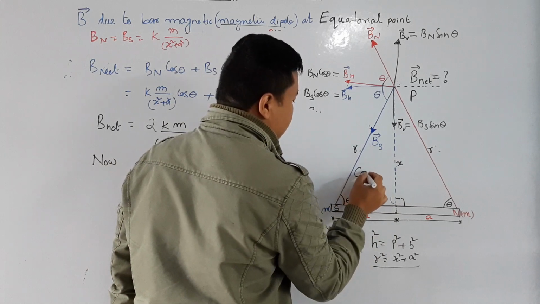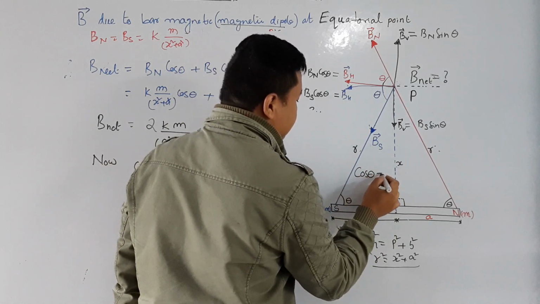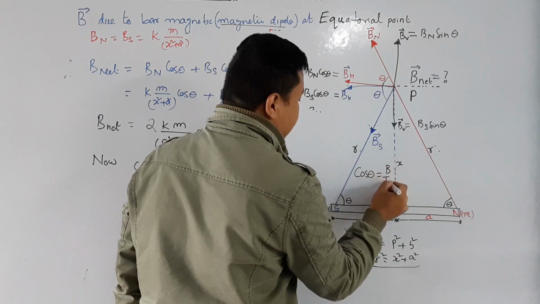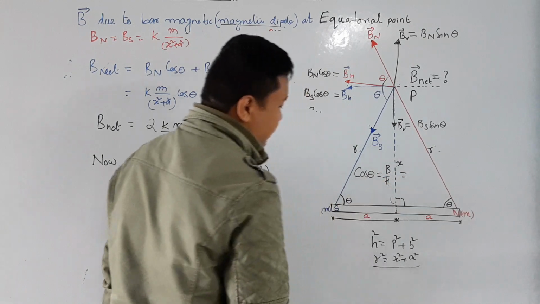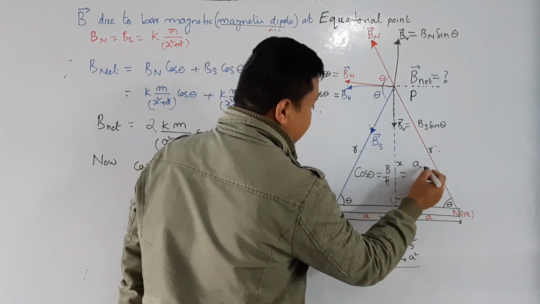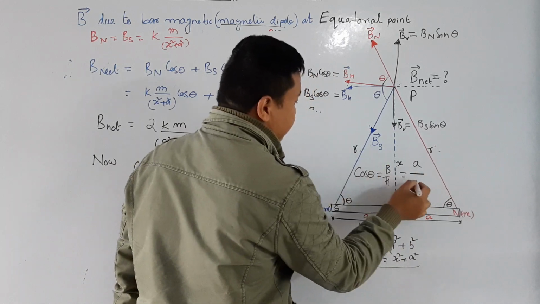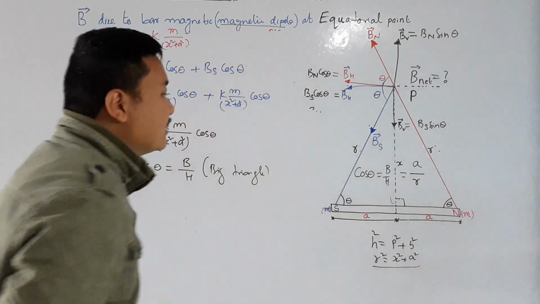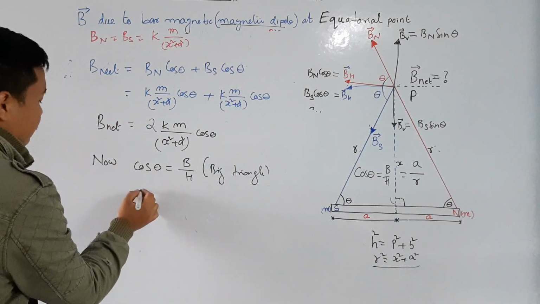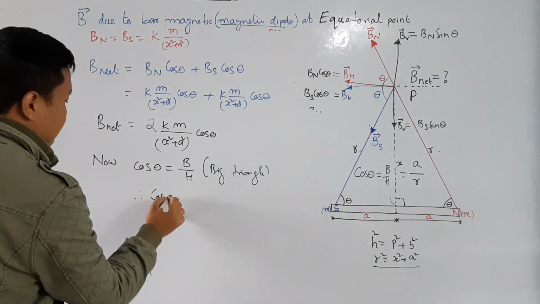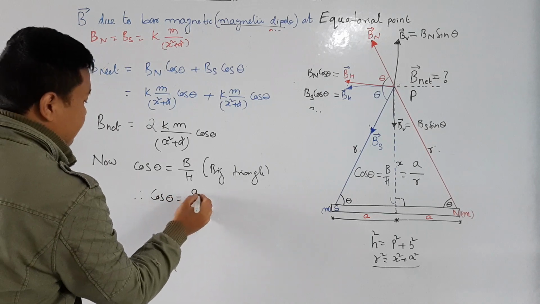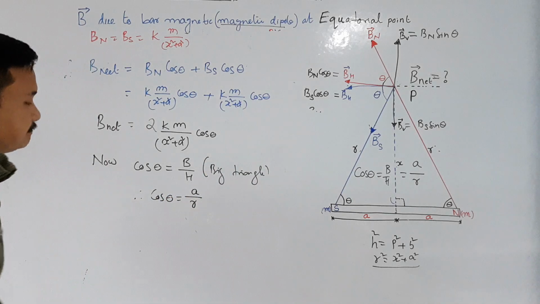So this is cos theta, which is equal to base by hypotenuse. Base is my a, hypotenuse is r. So therefore cos theta is equal to a divided by r.